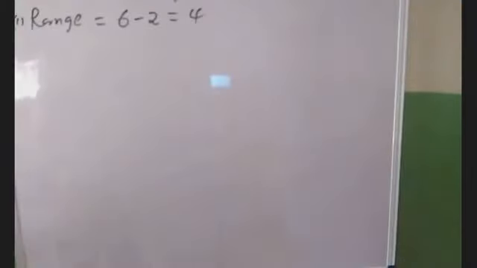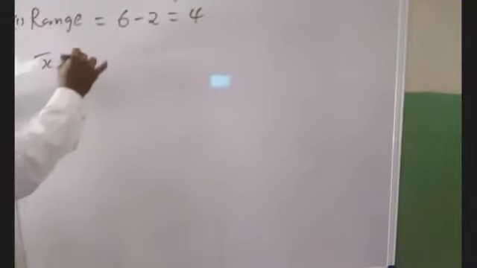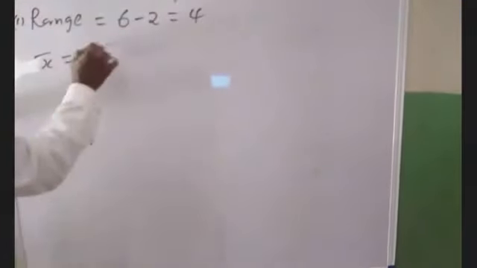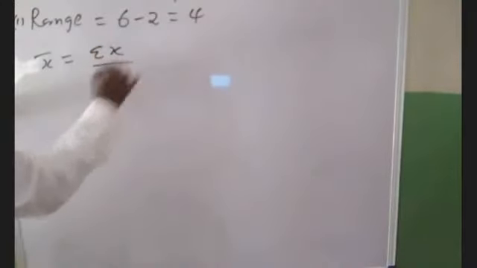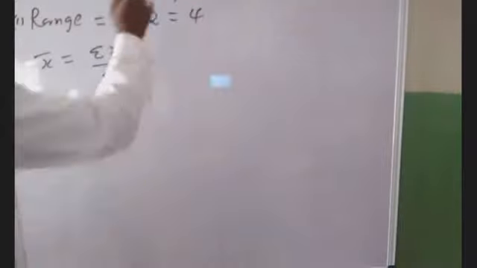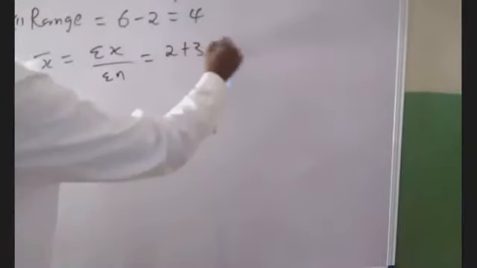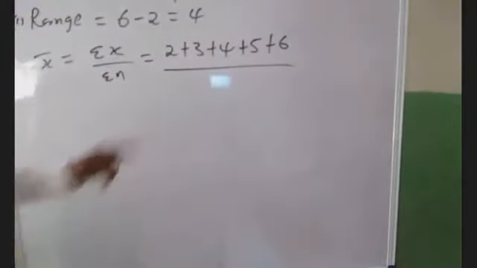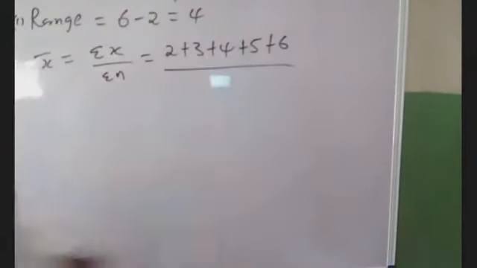Then to get the mean, first of all, let's solve for the mean. x bar is equal to 2 plus 3 plus 4 plus 5 plus 6. Remember, x bar is sigma x over n, the sum of all the x, the numbers given. What is the total number? 1, 2, 3, 4, 5. Here it is over 5.